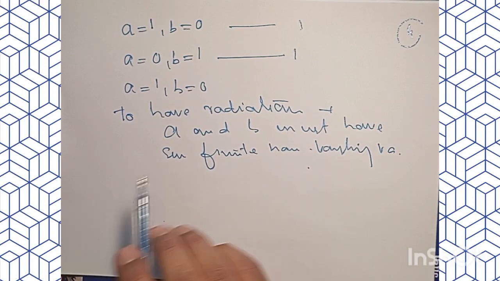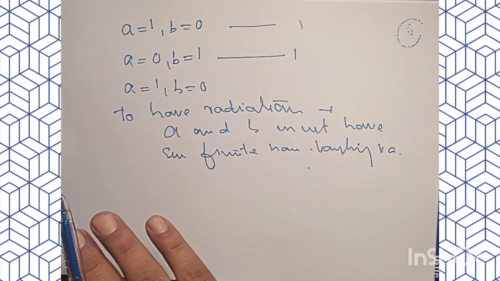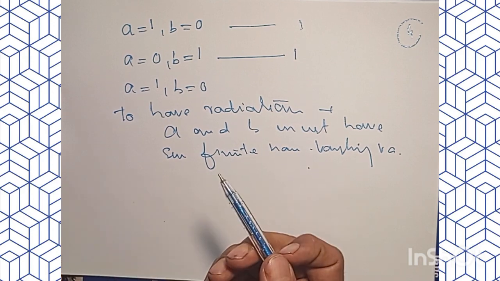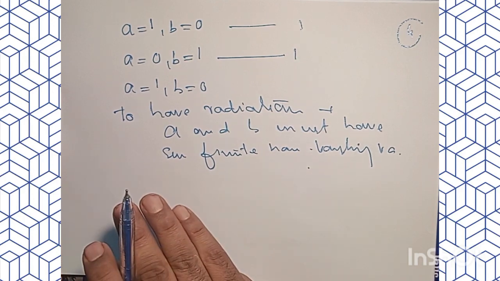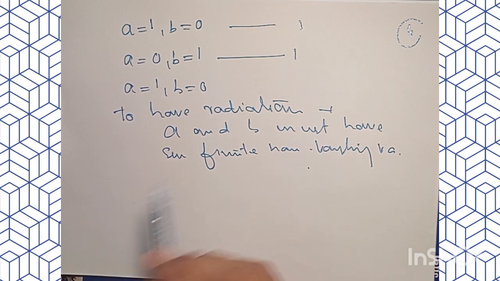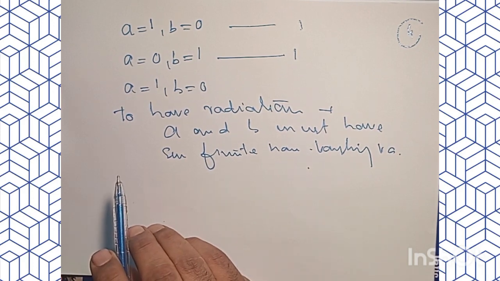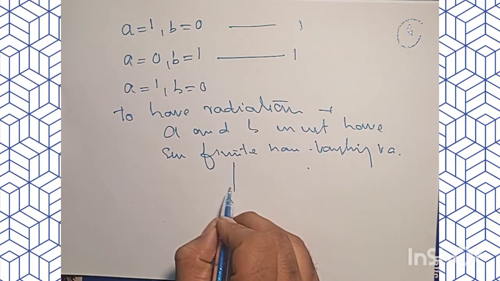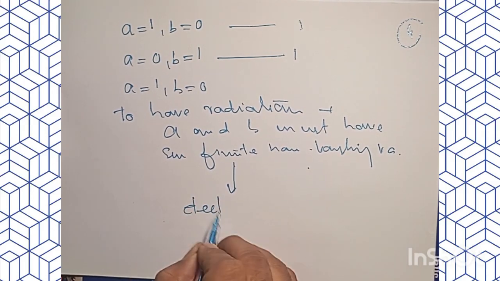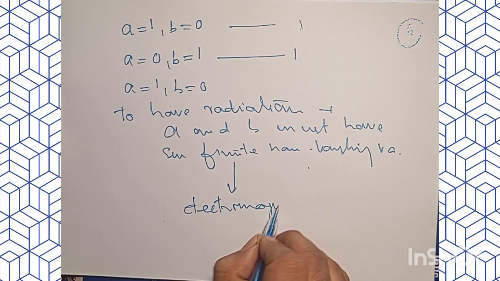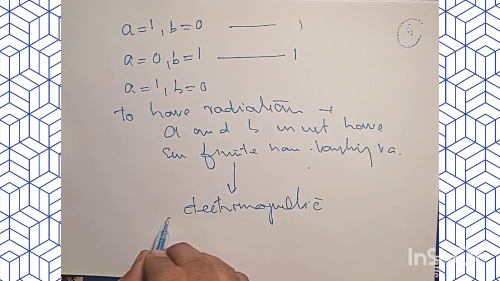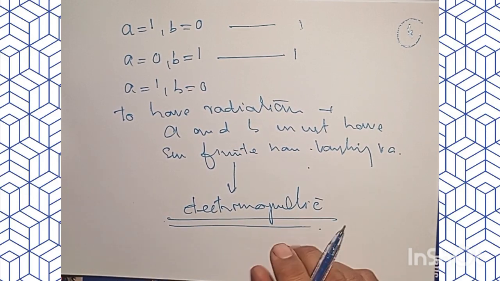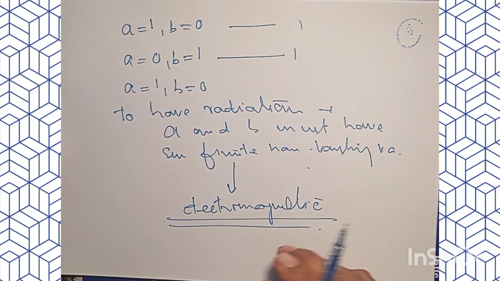Only then we can think of this state being between the state m and the state n. So both A and B have to have some finite value. Only then we can think of electromagnetic radiation that can be emitted during the process.